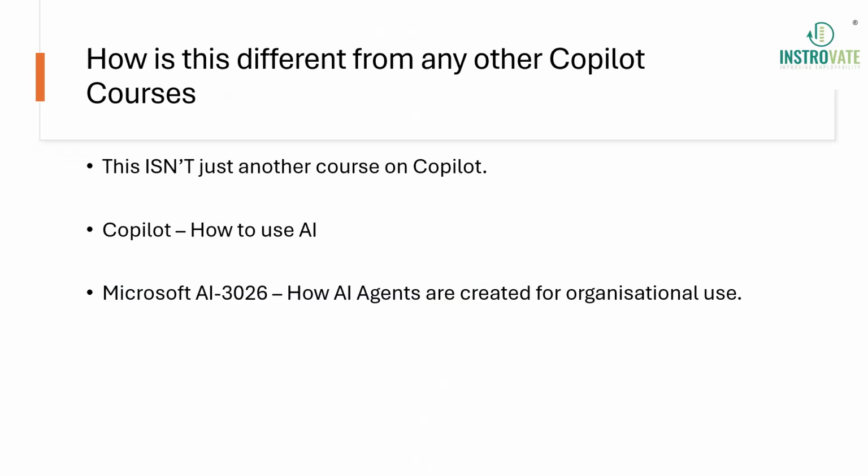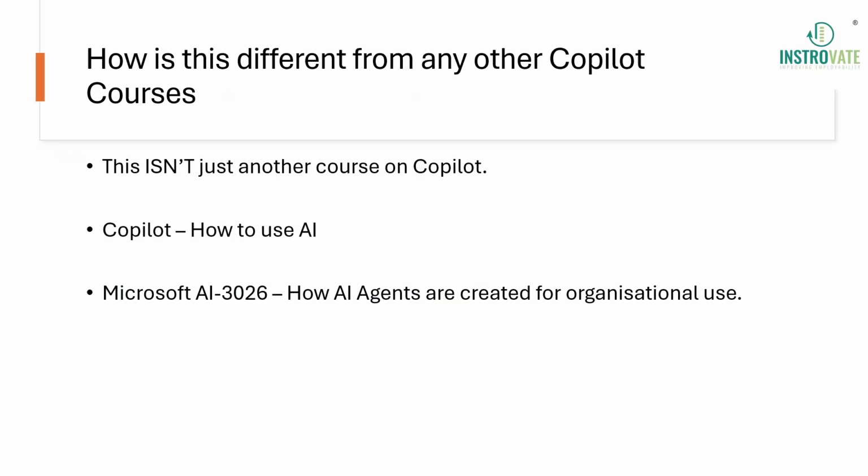Microsoft AI-3026 focuses on something very different. It focuses on how AI systems are designed, grounded, and controlled before they ever show up as a Copilot-like experience. Think of it this way. Copilot courses teach you how to drive a car. AI-3026 teaches you how the engine, the steering, and the brakes are built and who controls them.